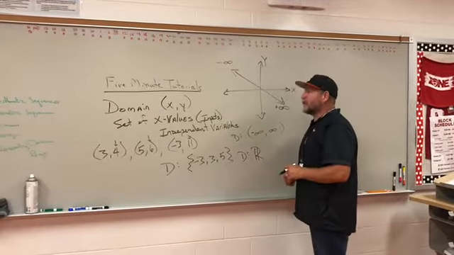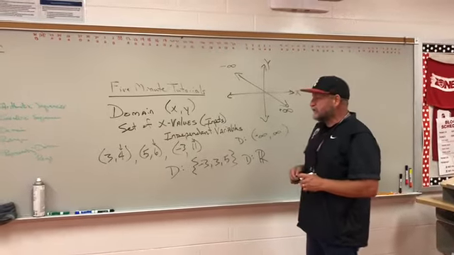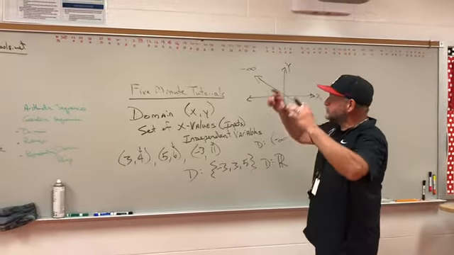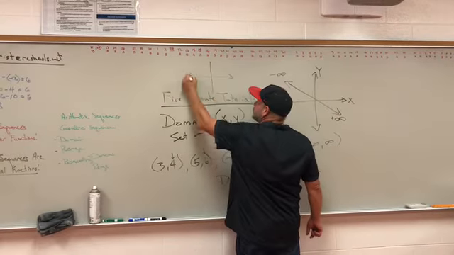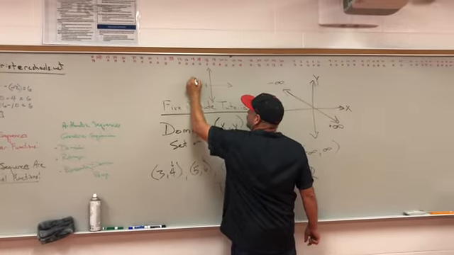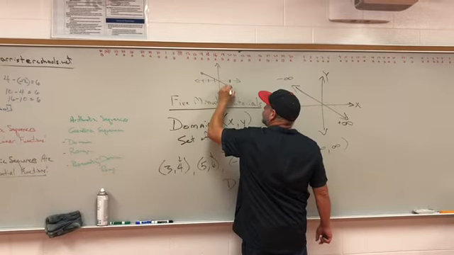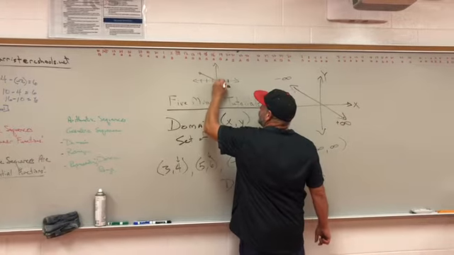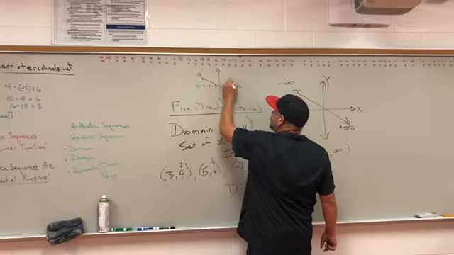Now, what if we were to take a look at something that would be, oh gosh, probably a little bit more restrictive? Let's say I have a graph that looks like this, and the domain for this graph goes from the X value of -3 to the X value of +3.